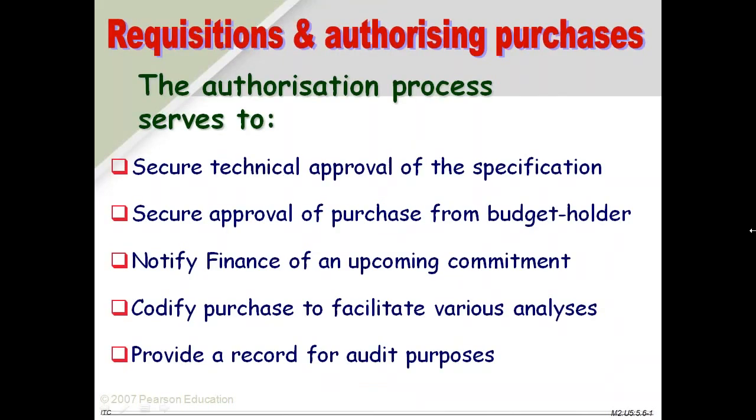Now requisition starts. Now you have the idea about the spec, how to write the specs. So based on the specs, you make a requisition. The requisition will cover specs, quantity, delivery, where to deliver, and the lead time as well. There has to be an approval process.